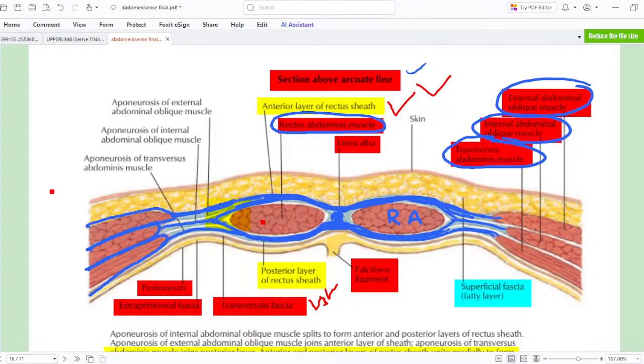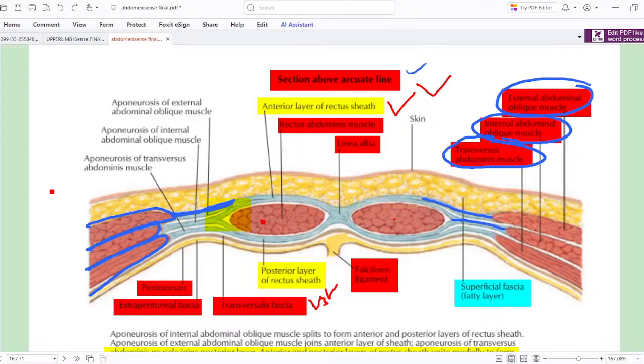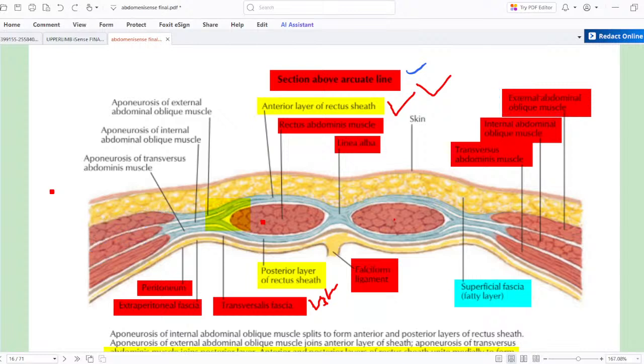Linea alba. Internal, external oblique, and internal oblique.